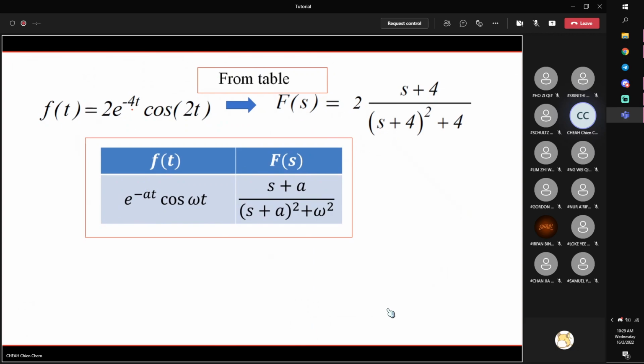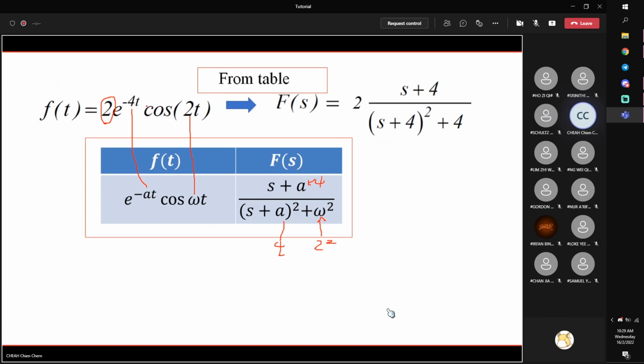My a is actually equal to 4. My omega is actually equal to 2. So put a equal to 4, omega equal to 2. Then you get this term. Now be careful, there's a 2 here. So this is a kind of linearity property.